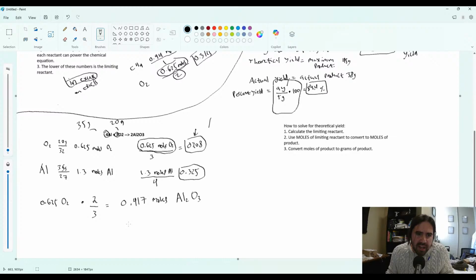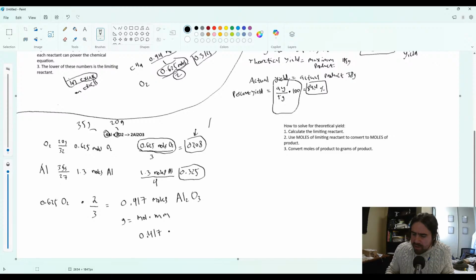The way we do that, if you recall, is moles times molar mass. So we multiply 0.417 by the molecular mass of aluminum oxide. There are 3 oxygens, so that is 16 plus 16 plus 16. And the aluminum is 27, and there are 2 of them, so plus 27 plus 27.